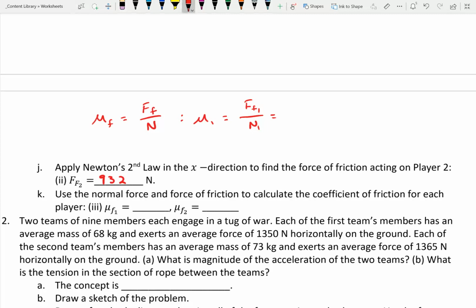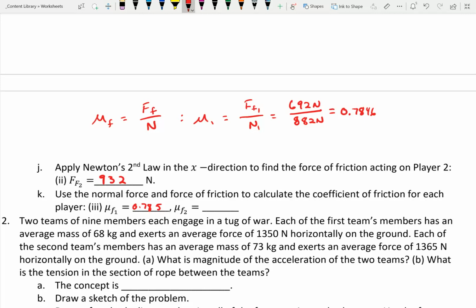Force of friction 1 was 692 newtons, and the force normal 1 was 882 newtons. So if you divide those two, you get 0.7846, which is 0.785 to 3 sig figs.